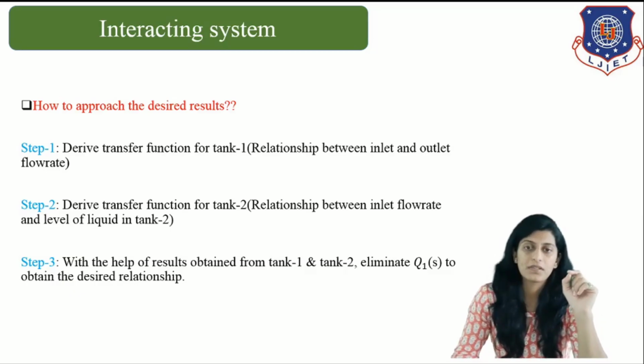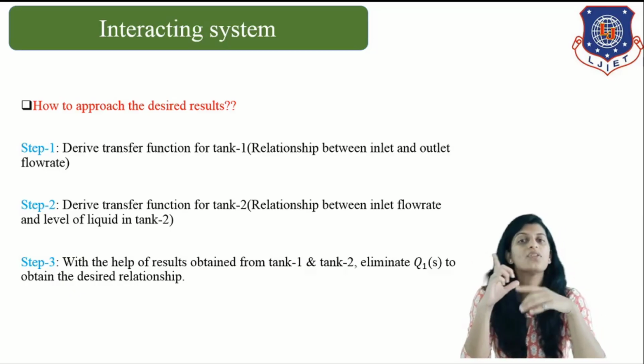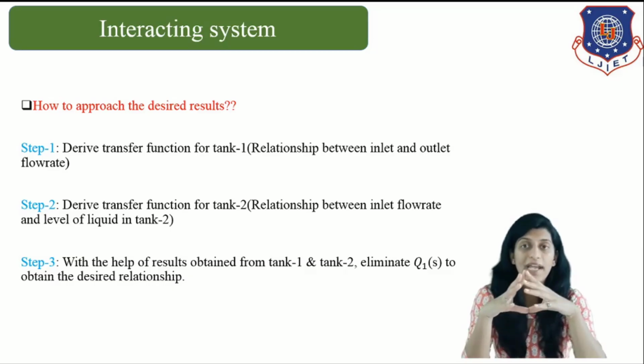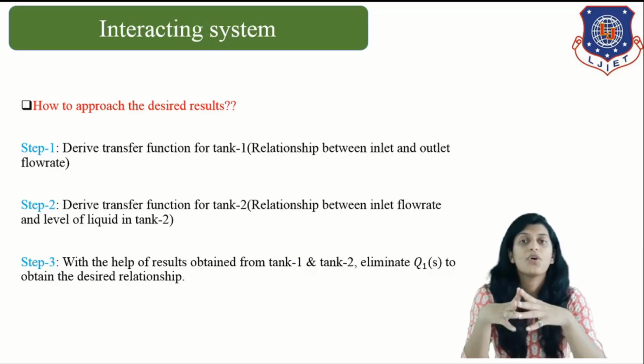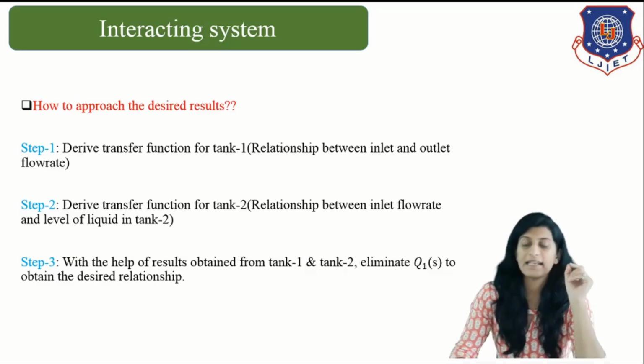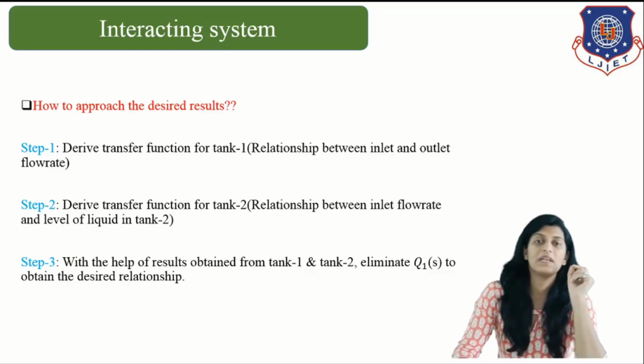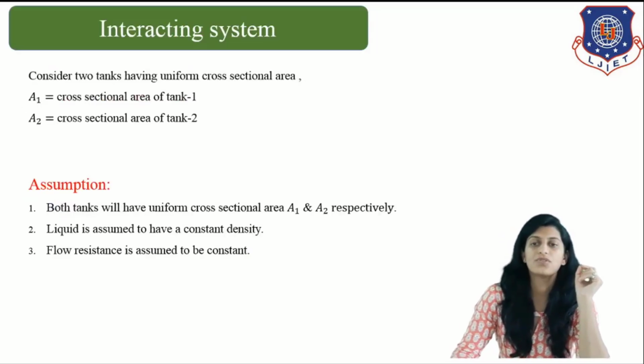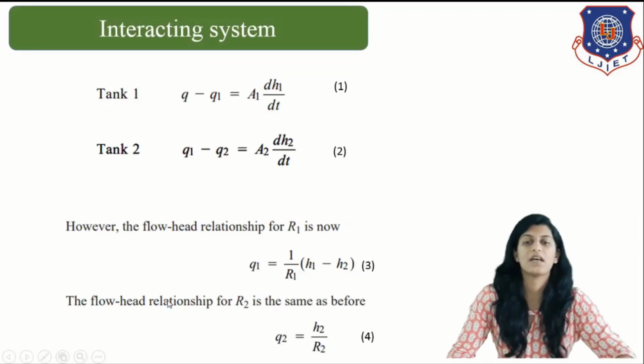In step number 3, we utilize both equations, substitute the values and get our desired result by the elimination method. Right. So these are the assumptions we made, and this is how we proceeded.